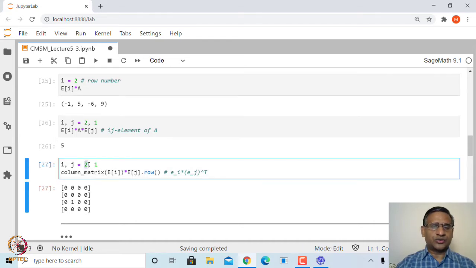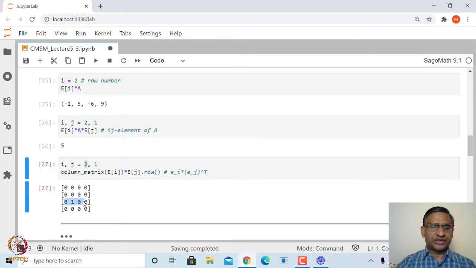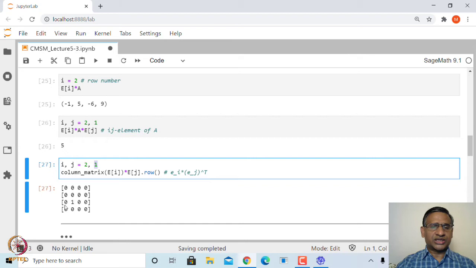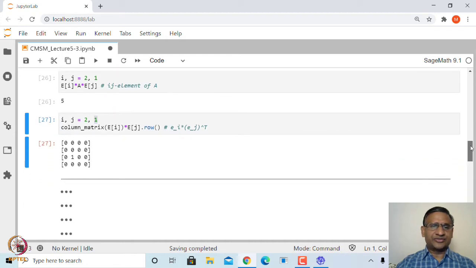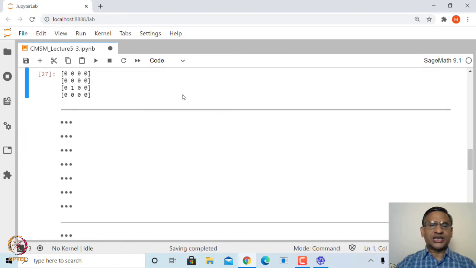In this case i is equal to 2, so that is the third row, and j is equal to 1, so that is the second column. The third row, second column entry is 1, remaining all are 0. That is how you can obtain Ei times Ej transpose. This actually helps us understand matrix multiplication and many other things.